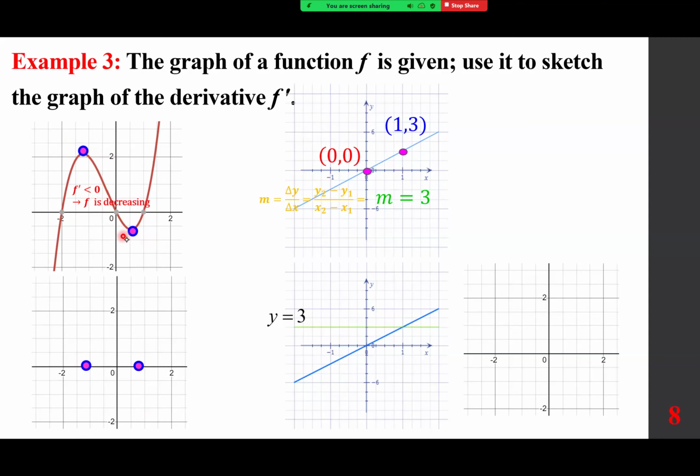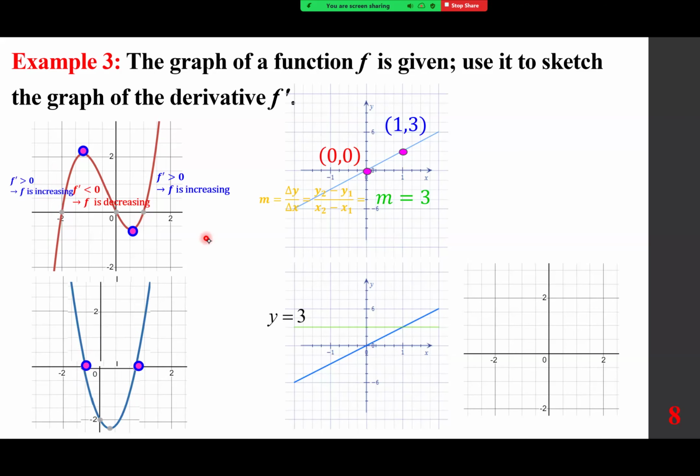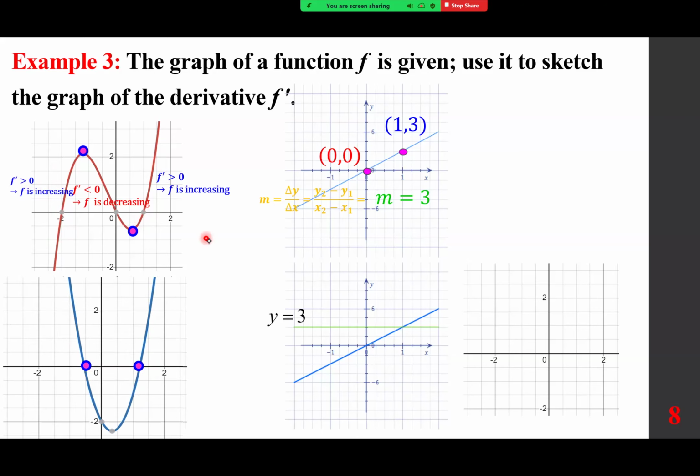That means below the x-axis. So it goes below the x-axis, but it has to come back to 0. Here f is increasing, f prime is positive, above the x-axis. This, the same thing, is above the x-axis. And putting them together, we get this one.